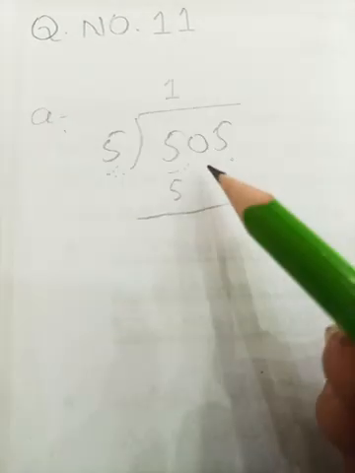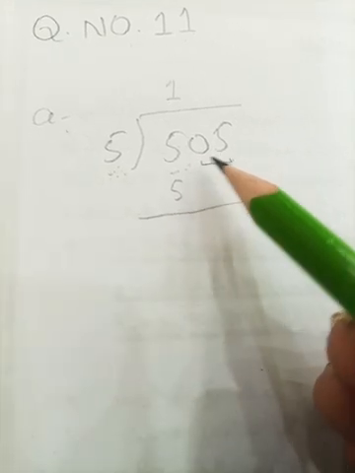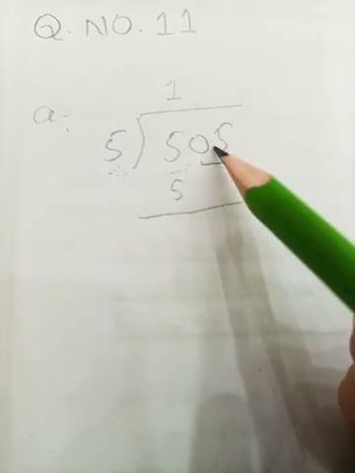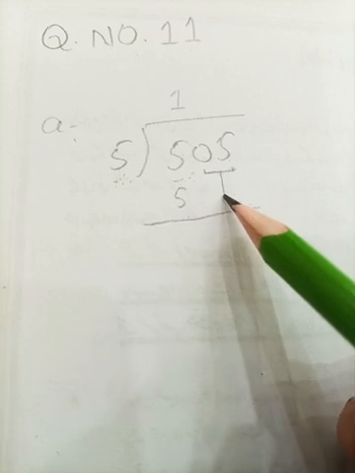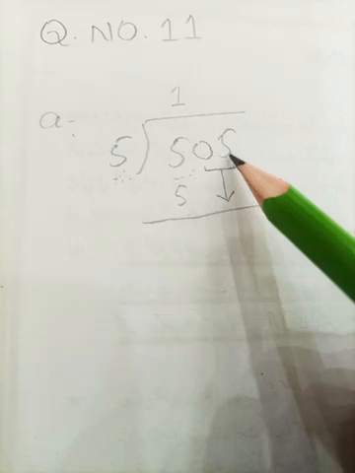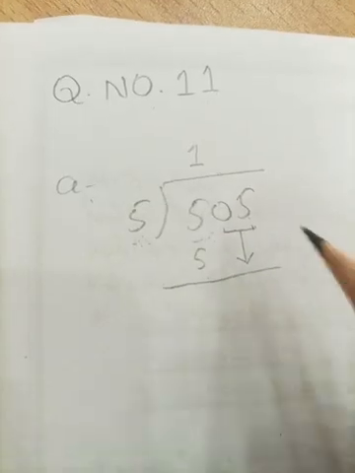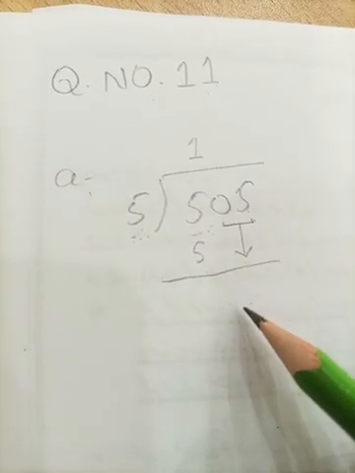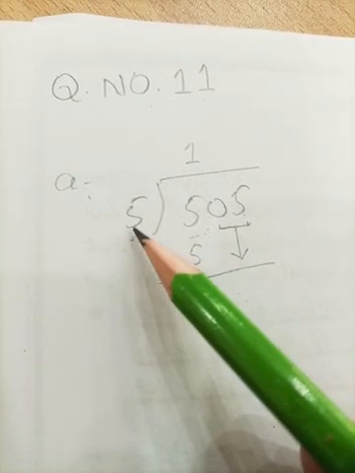Now students, look at this. Here I have to bring these two numbers both down. I can't bring down only one 0 here, because this 0 will become a smaller number, undivisible by my divisor.